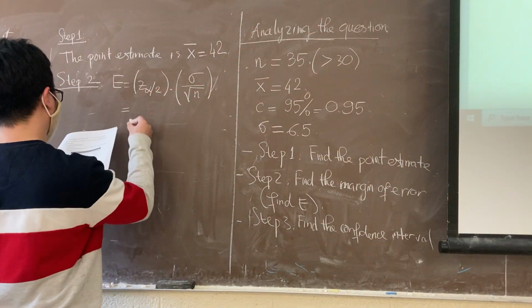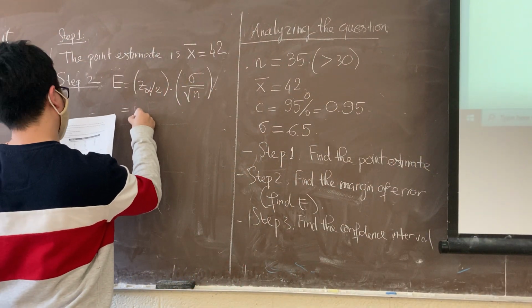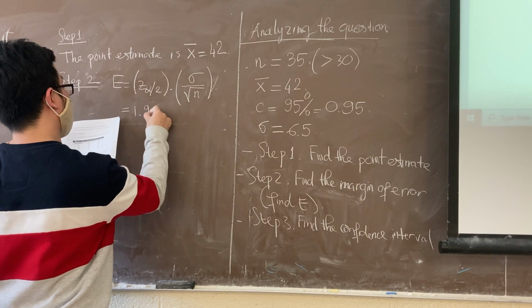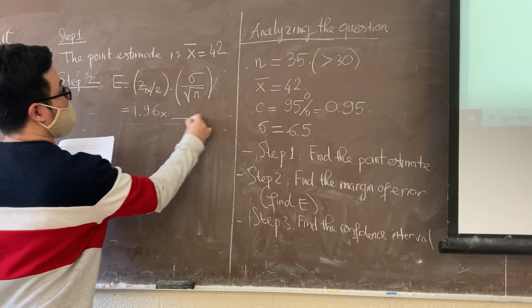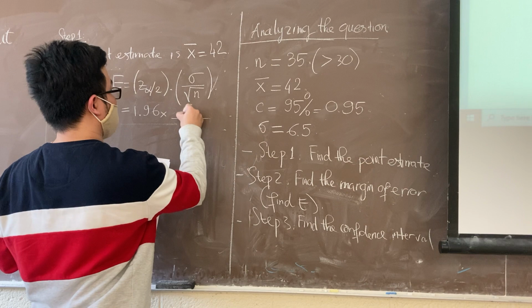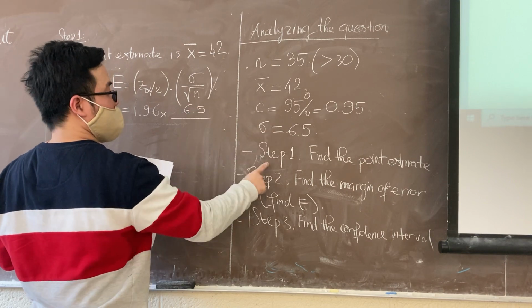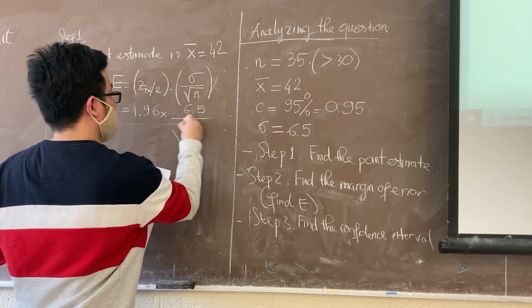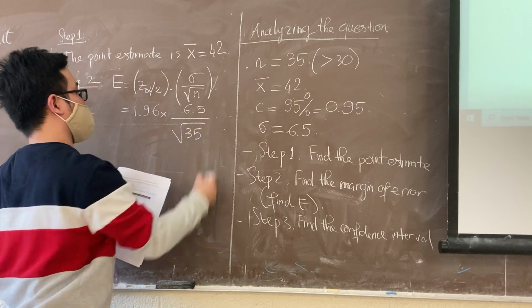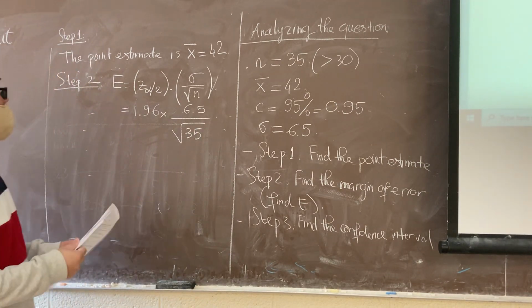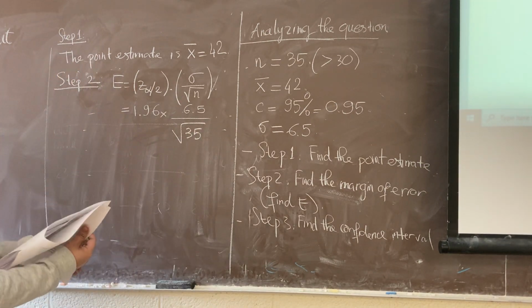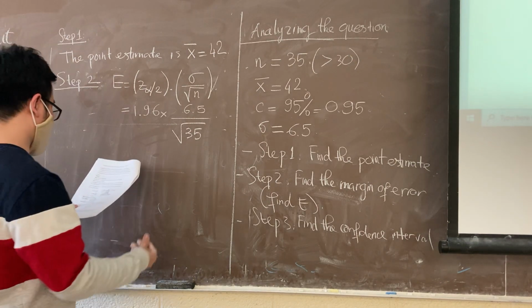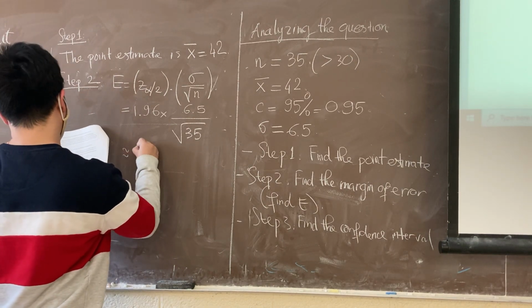Exactly, that's 1.96. We have sigma here is 6.5, and n here is 35. When we calculate this, we get an answer of approximately 2.15.